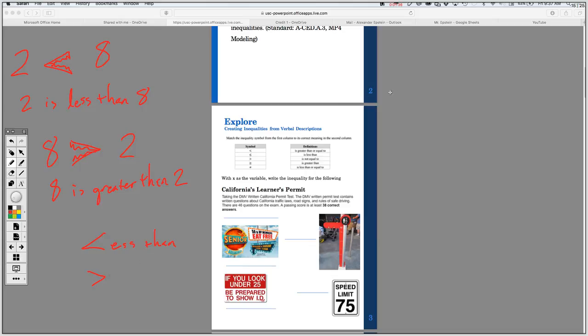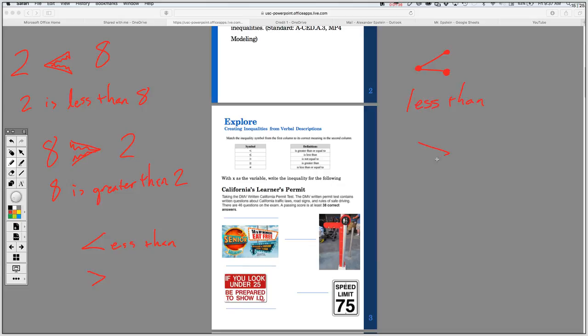One other way, we have so many ways to remember this. At every point or corner, go ahead and put 3 points. Now, how do we read English from left to right? So we read this the same way. Does this side have less than or greater than this side? Has less than.